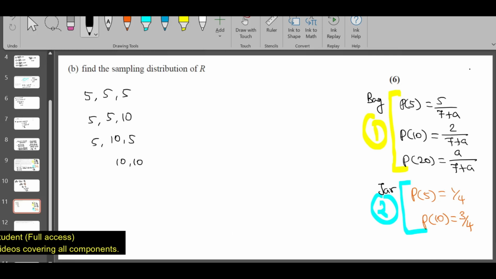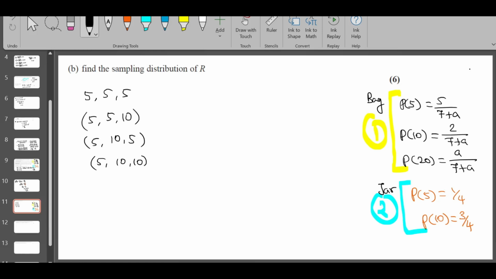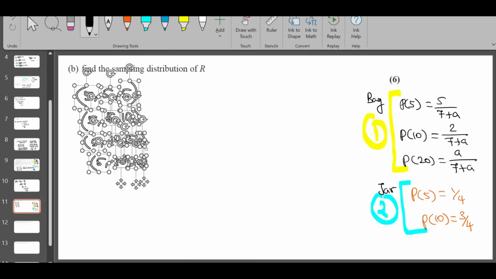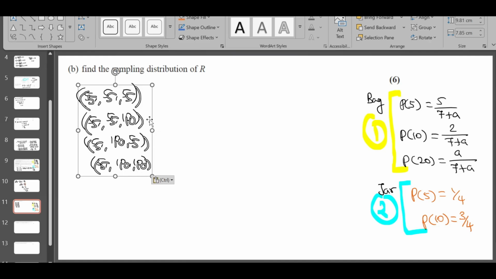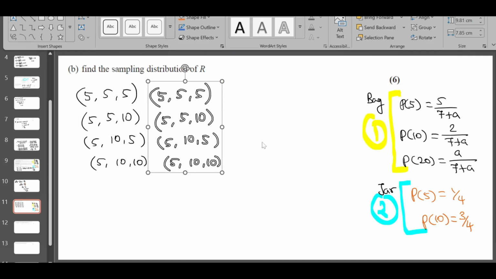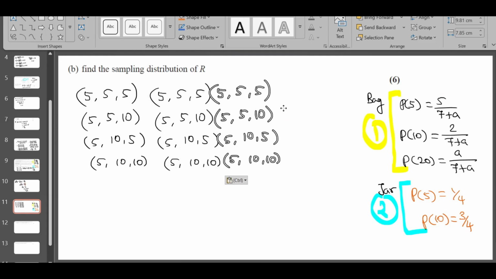By keeping the first one as 5, because the first one is from the bag. We got 4 combinations. Now we can write the same combinations when we take 10 from the bag, or 20 from the bag, right? So what I'm going to do, I'm going to copy this whole thing. I'm going to copy it here twice.